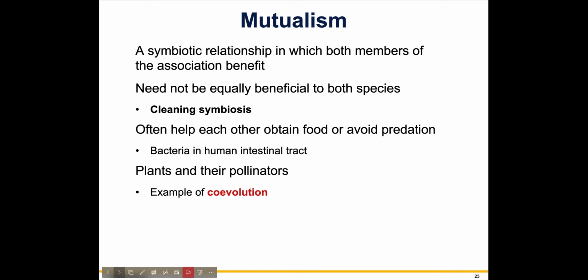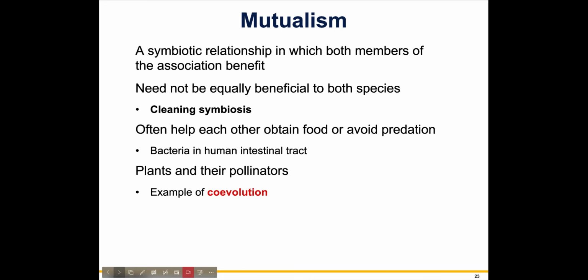Then mutualism is when both members benefit from the association. It doesn't have to be an equal benefit, but they both just need to have some kind of positive that happens. So one example is cleaning symbiosis, where we have cleaner shrimp that will remove parasites from fish. The fish don't have parasites.